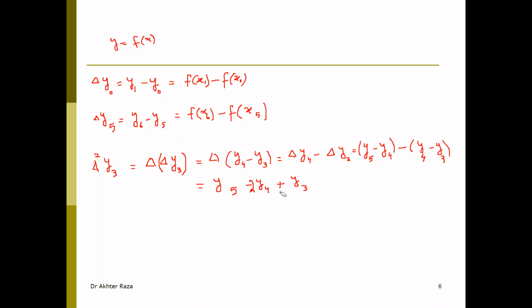So we can represent any delta with the help of this type of representation. We can expand. This is example 1, this is example 2, this is example 3. These are the 3 different examples of simple differences.